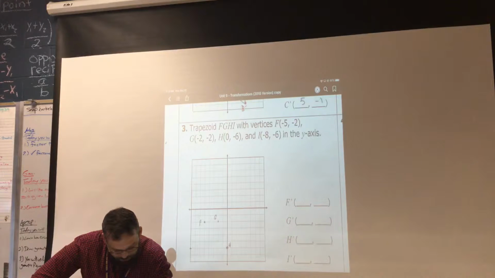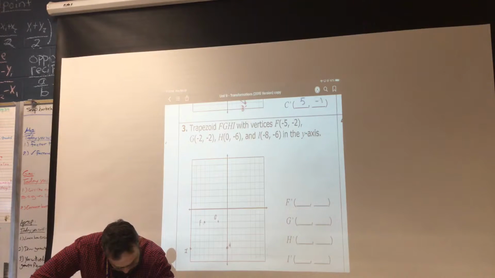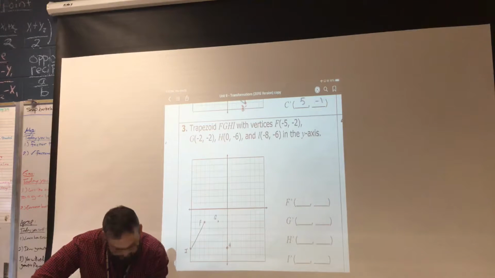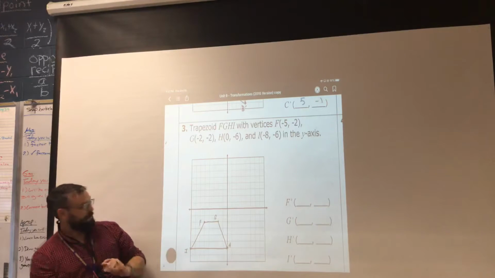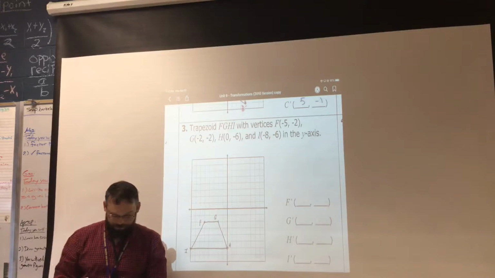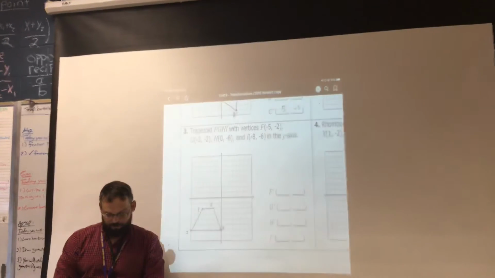Okay, so right here. So that's going to be I. So here we are. There we go. And whew, that's actually a good line. Okay, well, that might have been a little bit hard to see there, but there we go.